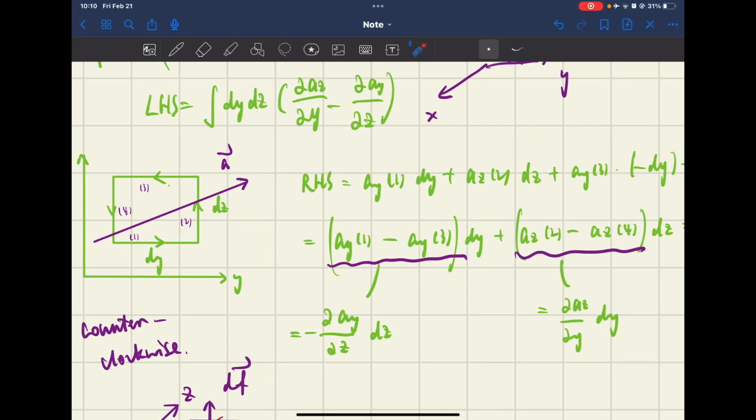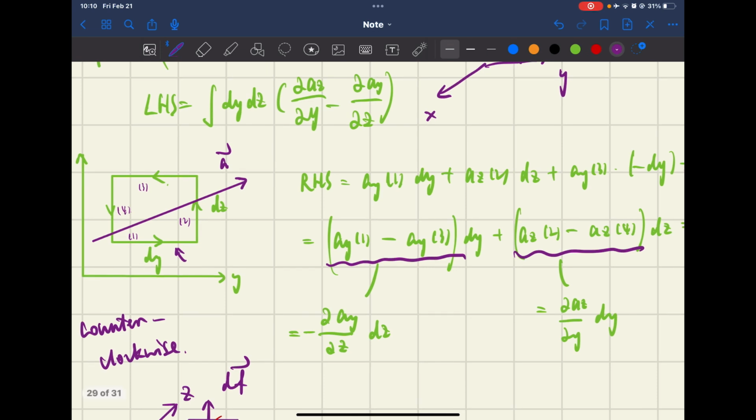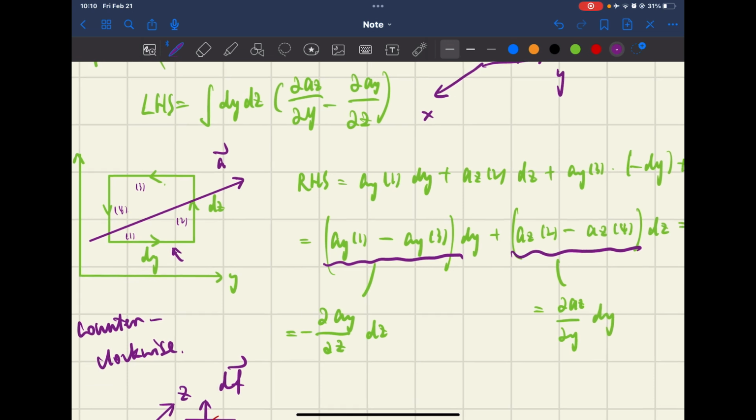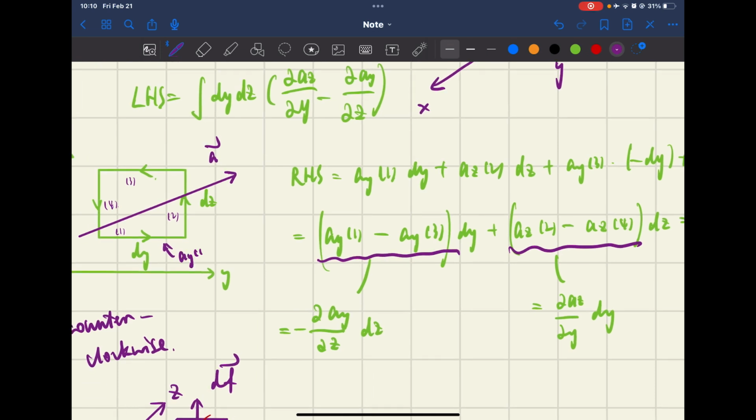What infinitely small means is that this edge is so little that the value of the vector function on this side will be constant. So this side will have just a constant value, which I denote as Ay bracket 1.